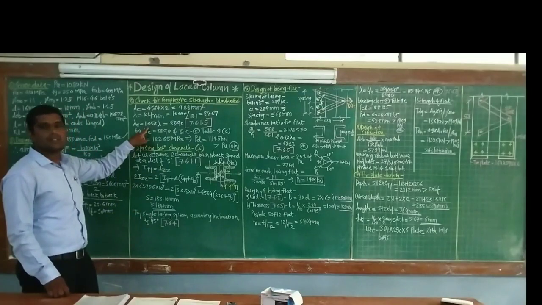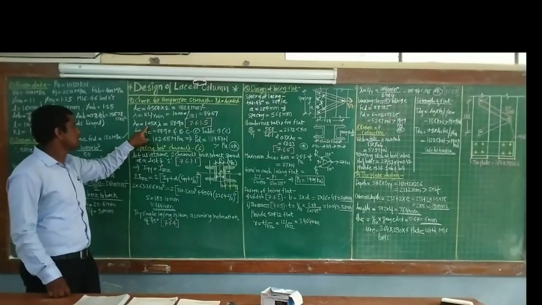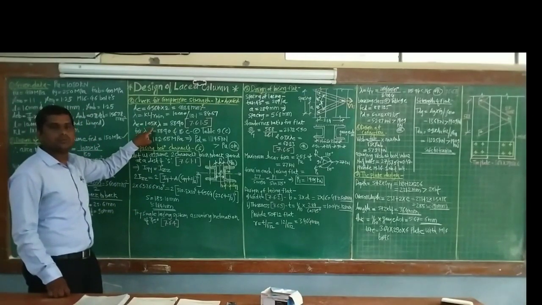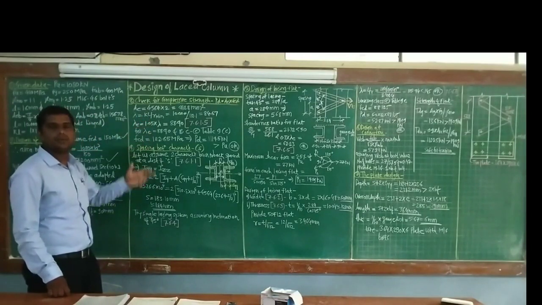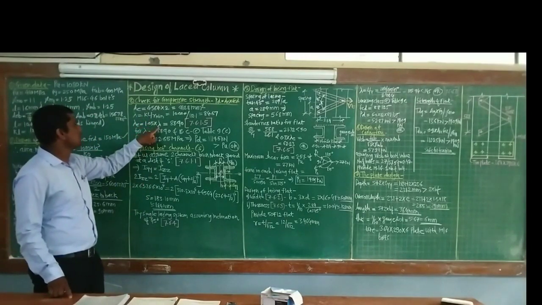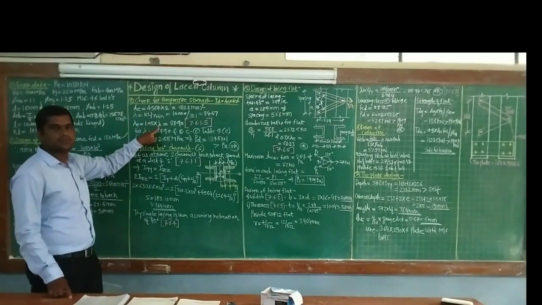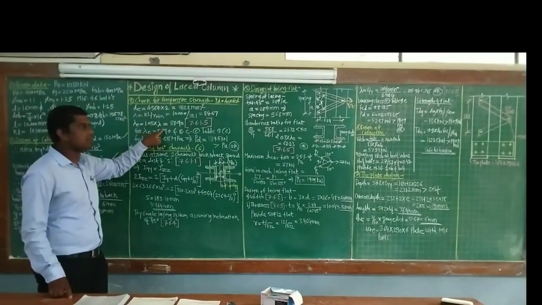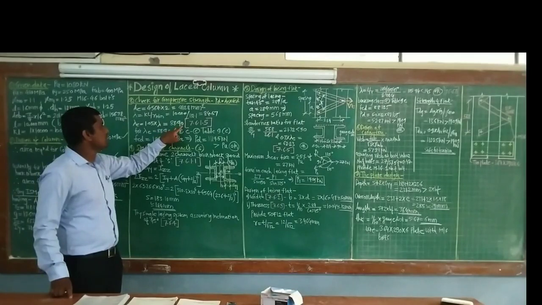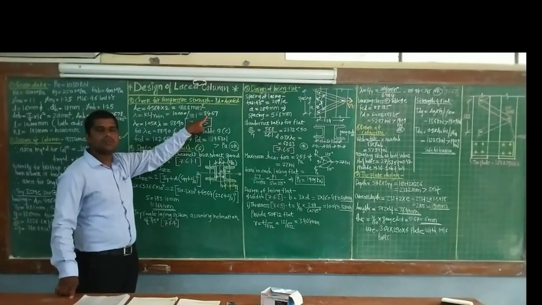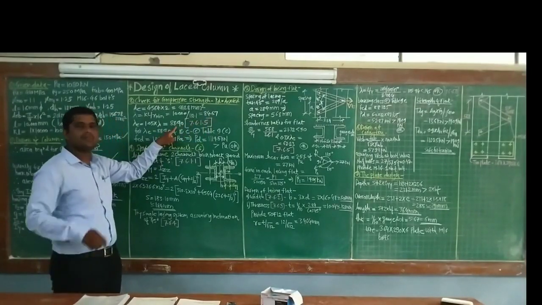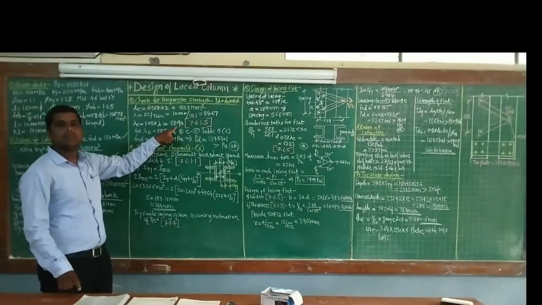The multiplying factor for this column is 1.05, meaning we increase by 5% by multiplying the effective slenderness ratio. So lambda equals 1.05 times lambda, and the answer is 88.90, because we increase this value 84.67 by 5% for the purpose of safety.